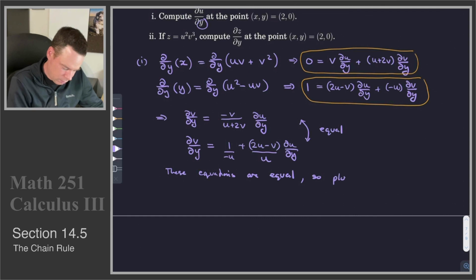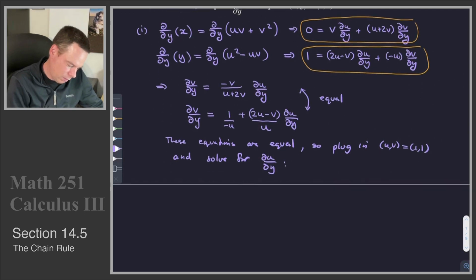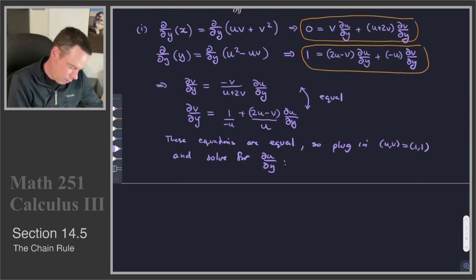So plug in (u, v) equals (1, 1) and solve for du/dy. So that's our next step. So I'm going to take this first equation and plug in (1, 1) into it.